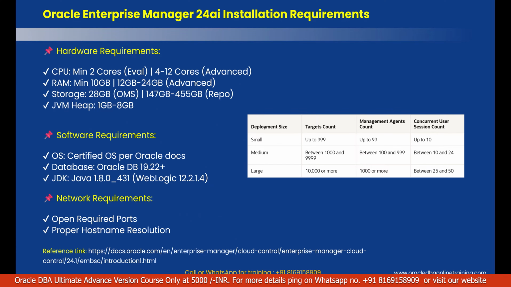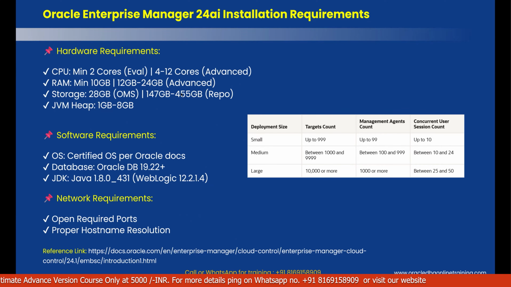It varies from 12 GB to 24 GB depending on the advanced installation that you select. Mostly when I talk about advanced, we are talking about the deployment sizes and the number of targets. Along with this, the storage capacity needed is 28 GB for the OMS software itself.